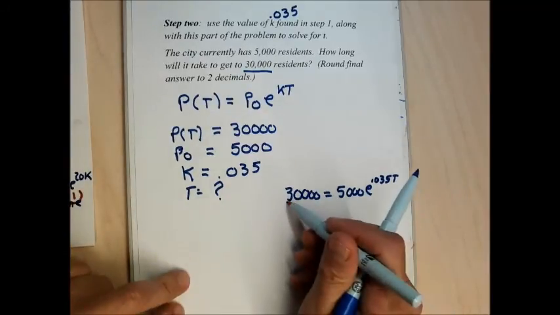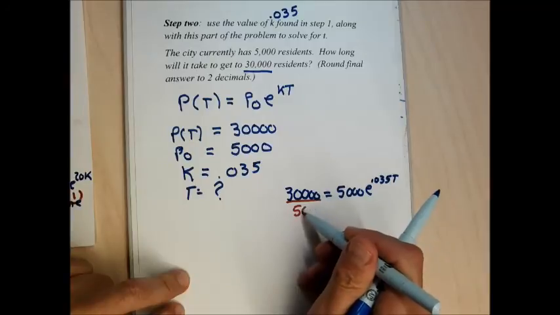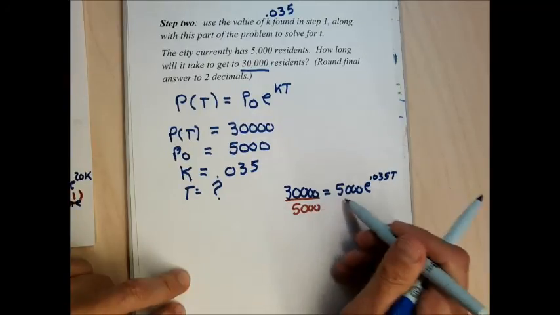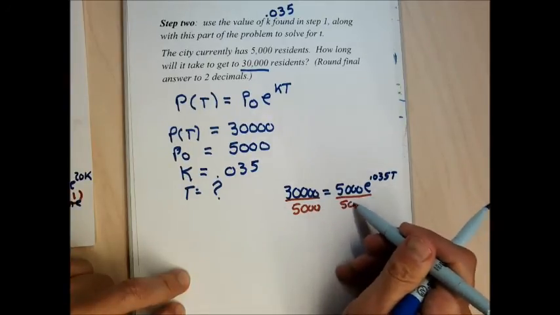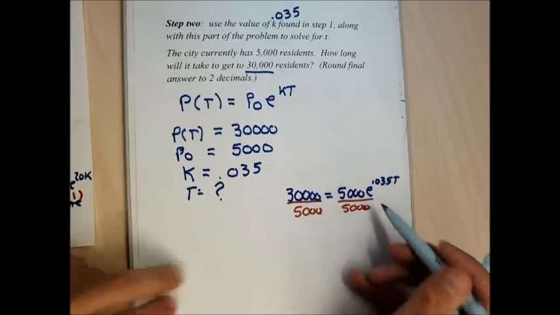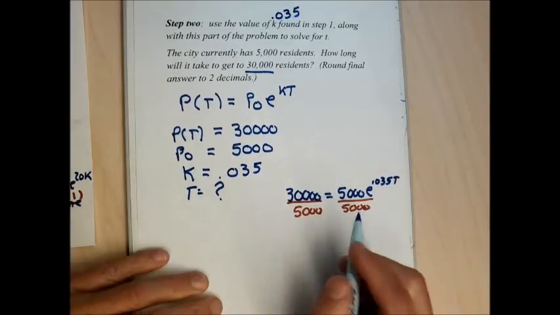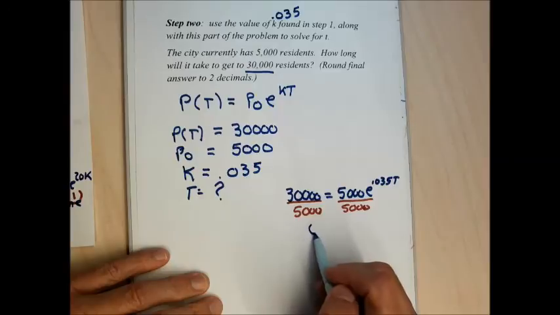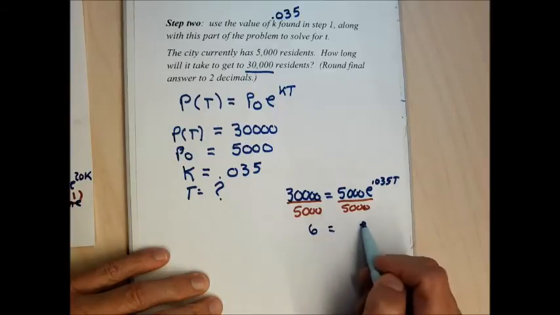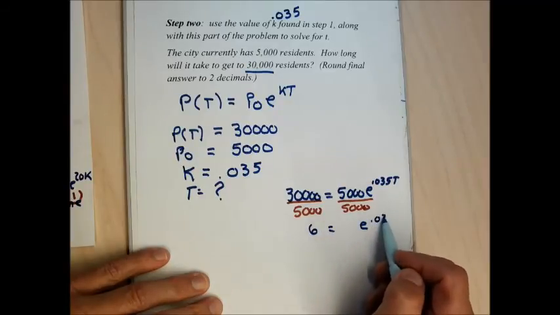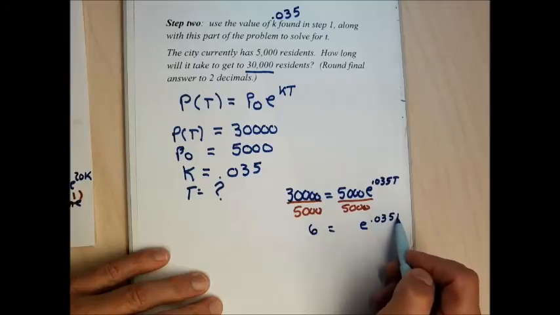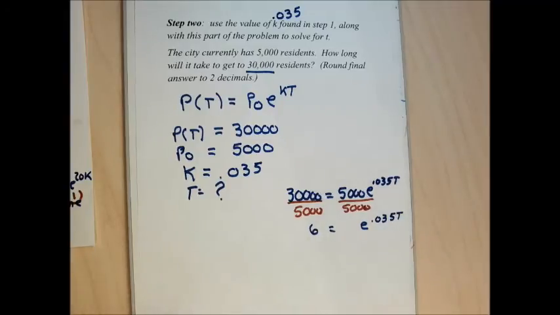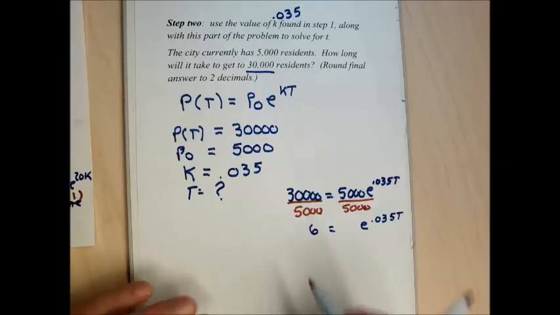I'm now going to divide both sides by 5,000. On the left-hand side, 30,000 divided by 5,000 is 6. So I can rewrite this problem as 6 equals e to the 0.035t.